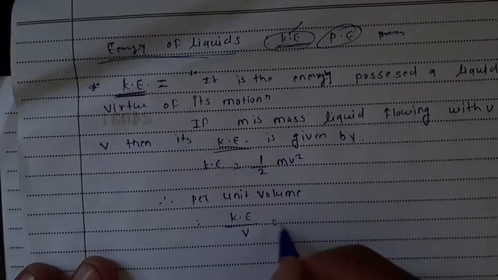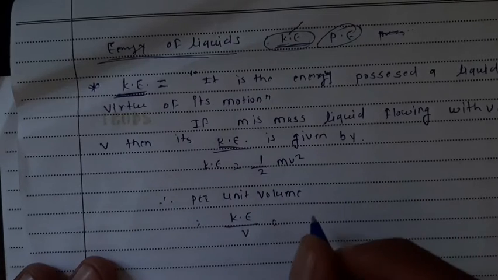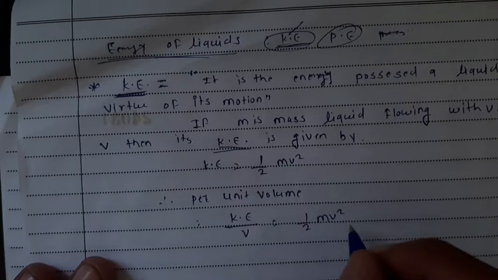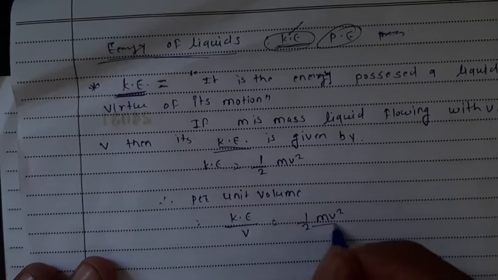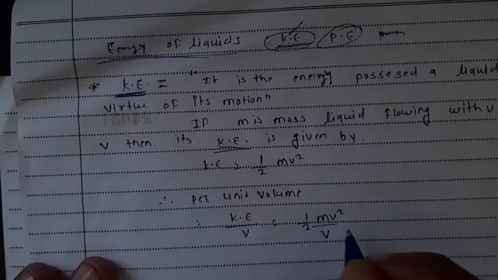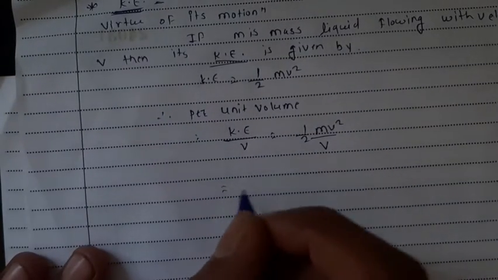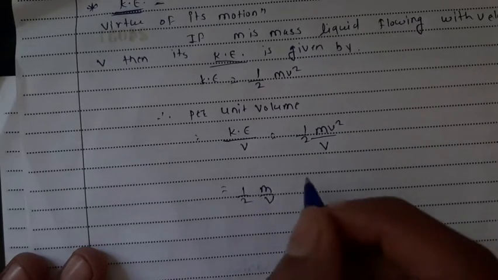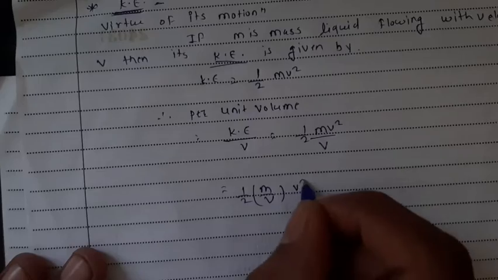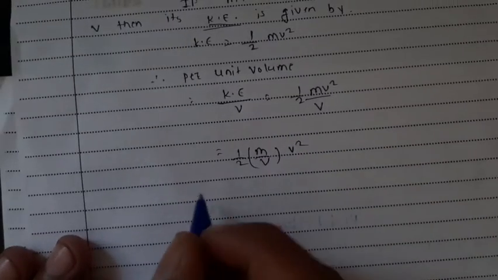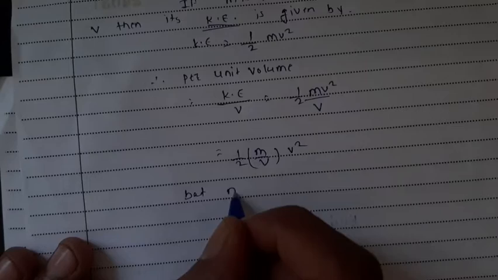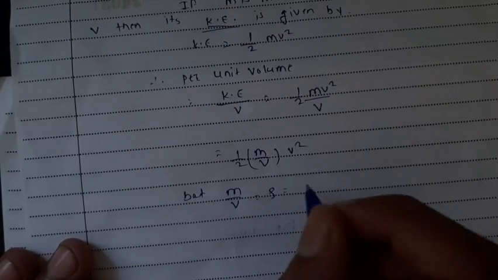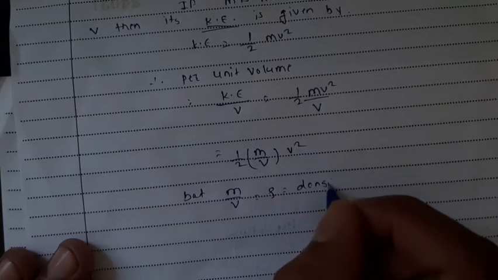Substituting, we get 1/2 mv square divided by capital V. Rearranging, 1/2 m by capital V into small v square. But we know that mass upon volume is called the density of the liquid.